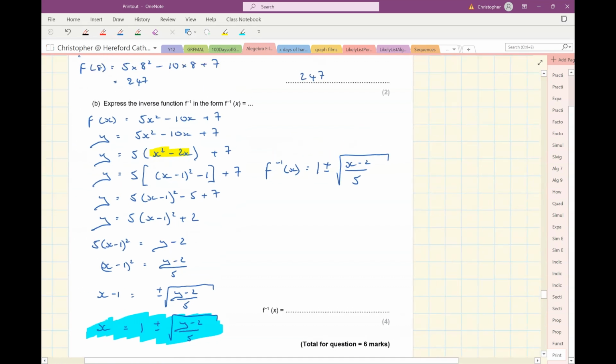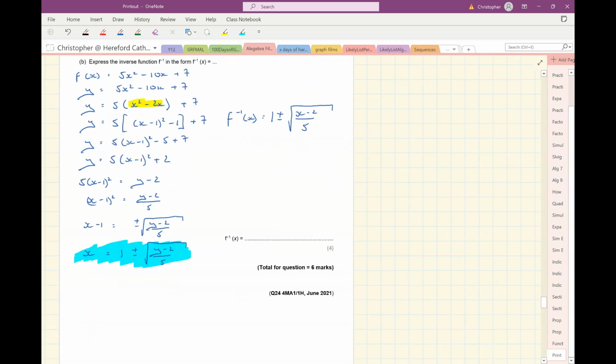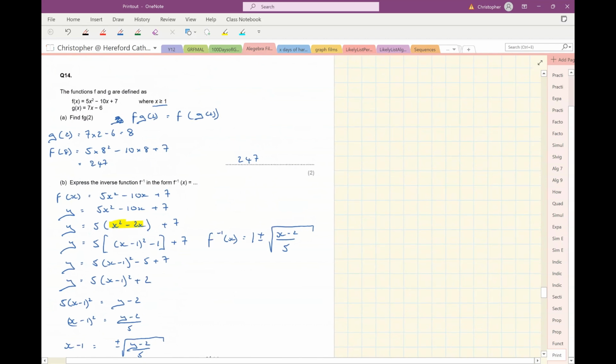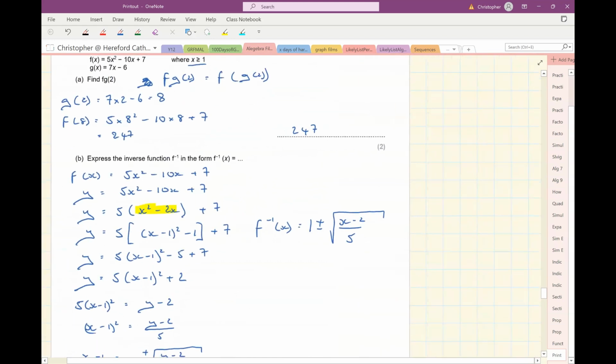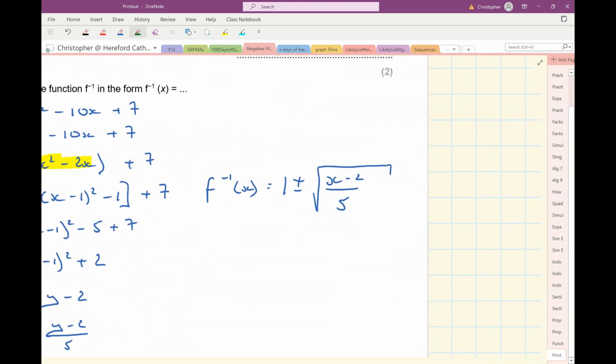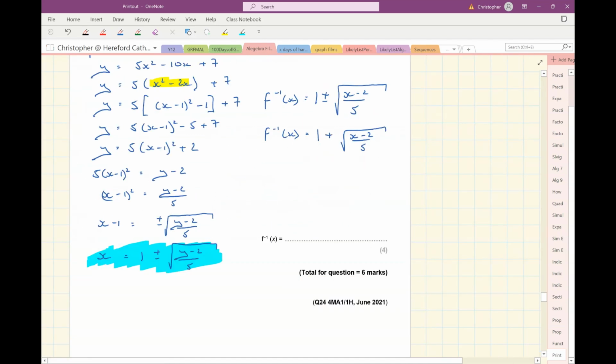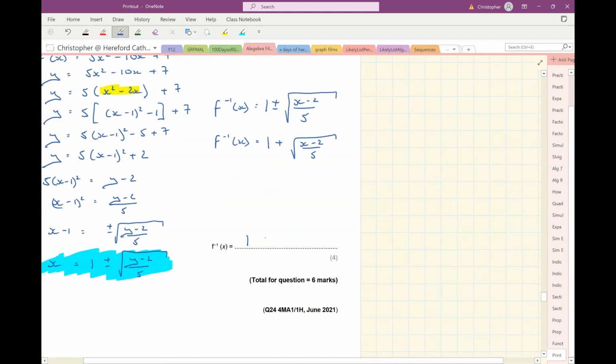Let's go back to the question at the beginning, because there's a restriction on the domain of f(x), and the restriction is that x must be greater than or equal to 1. So it can't be 1 subtract anything. So in fact, only one of these solutions is valid, 1 plus the square root of (x − 2)/5. So that is my solution, 1 plus the square root of (x − 2)/5.